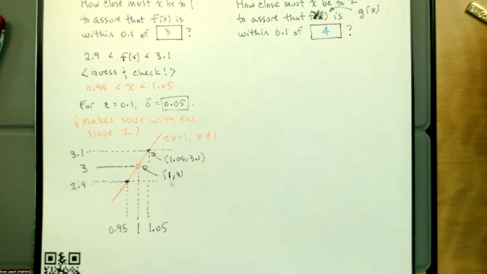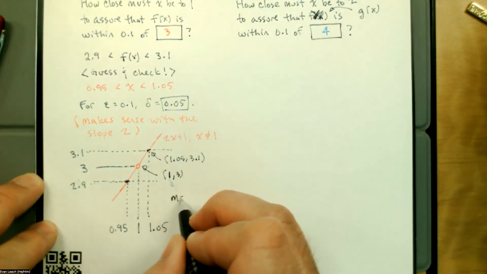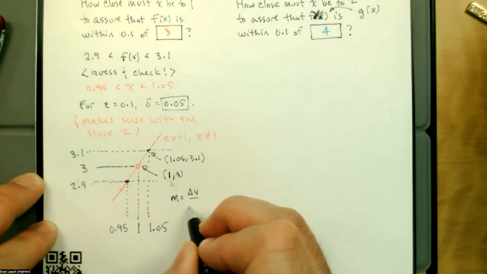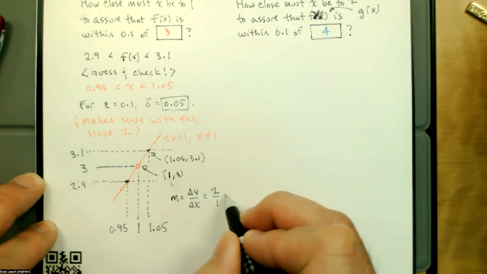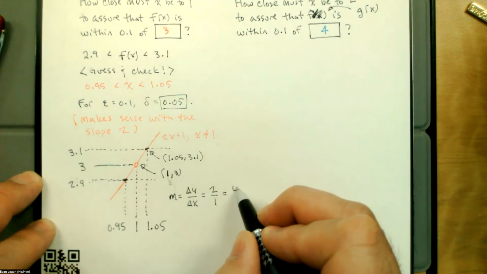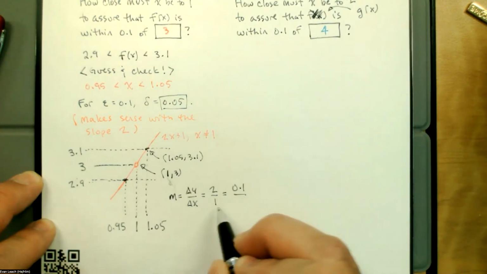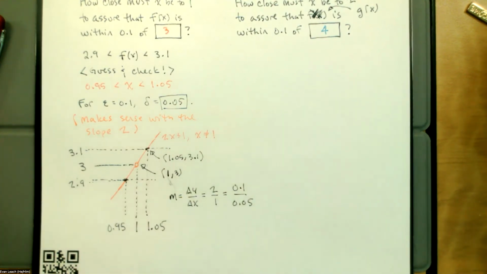Because we have a line with a slope of 2, if our delta y is 0.1, our delta x is going to have to be 0.05. The slope is delta y over delta x, which is 2. So if our delta y is 0.1, like we want, our delta x is going to have to be half of that.